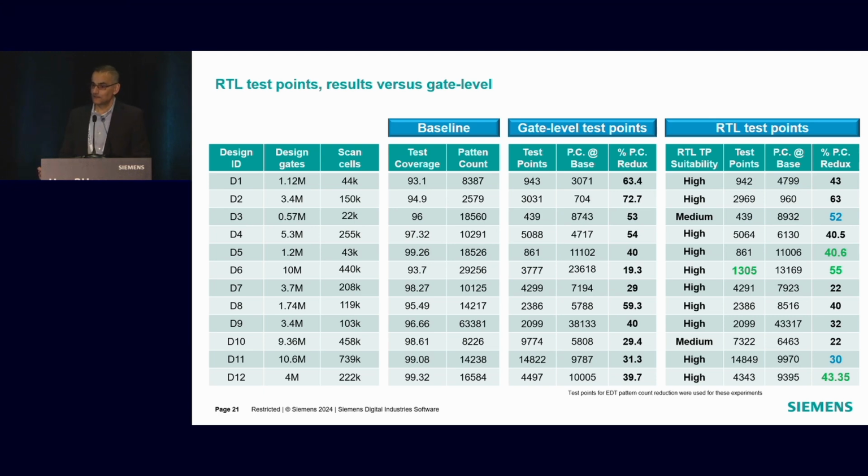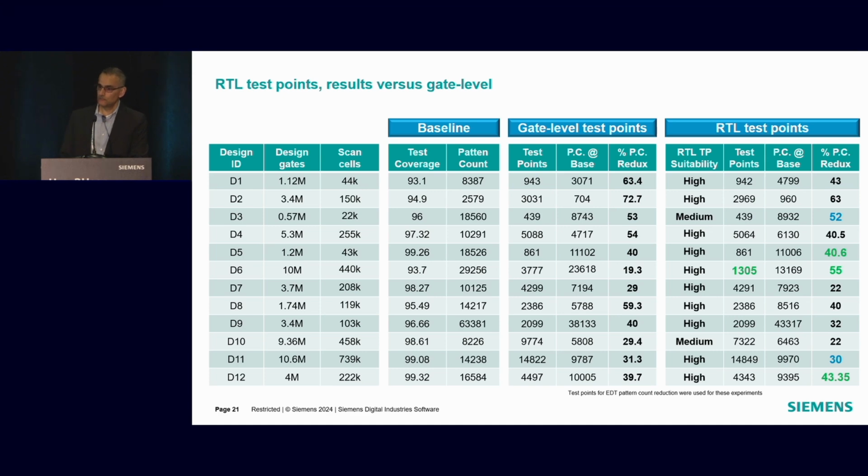How did you decide how many test points you want? You're asking how we decide how many test points to insert. Different people have different parameters. I've seen customers say 2%, or 1%, or 1.5%. I don't remember exactly what these were, but they were in the same range. We do our experiments in the 1 to 2% range.